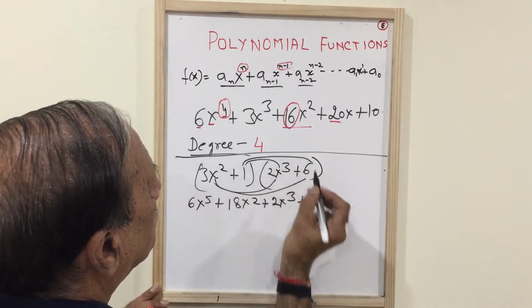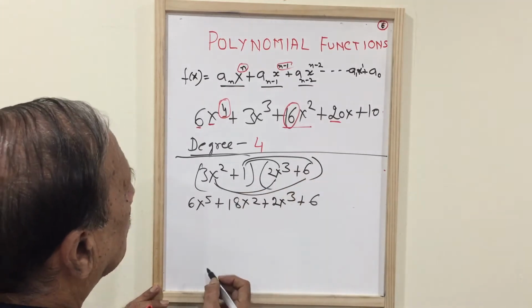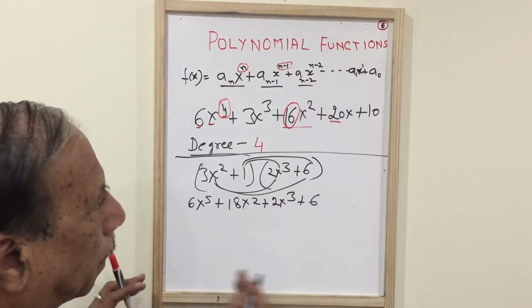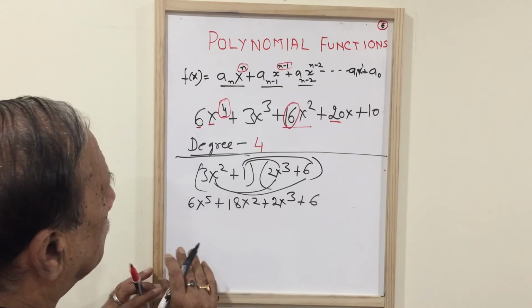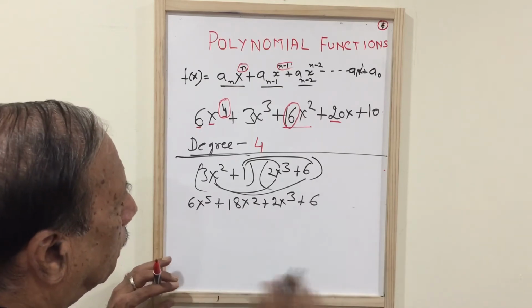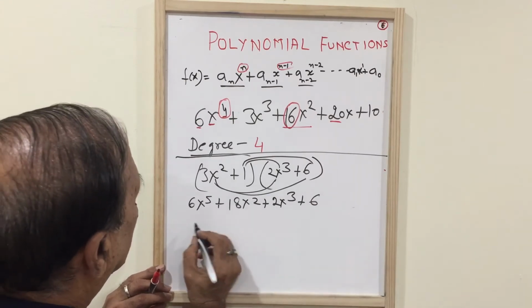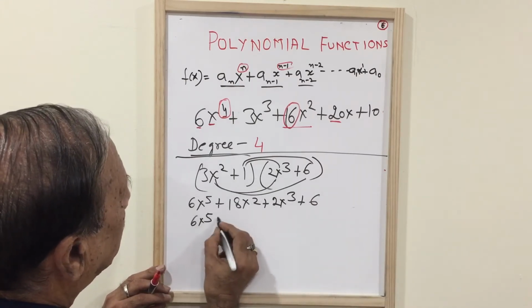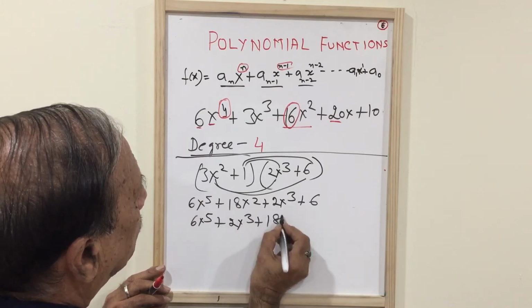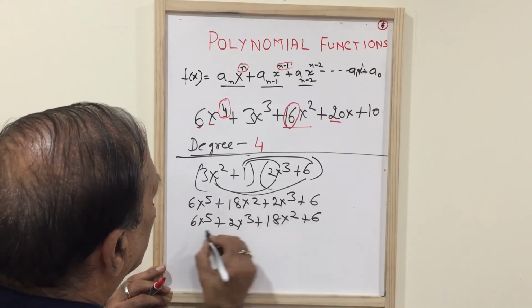Plus we have to multiply 1 with the 6, it is 6. And we have to rearrange the polynomial according to the degree. First we'll write the maximum degree, then we'll write everything in decreasing order. So it is 6x to the power 5, then 2x cube plus 18x square plus 6.